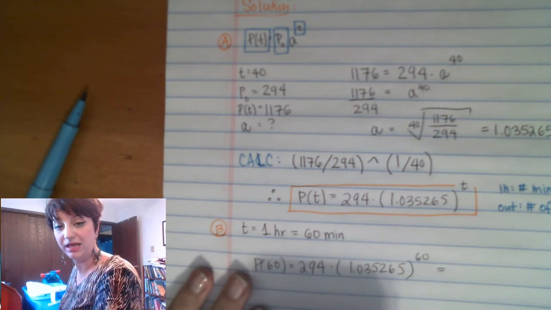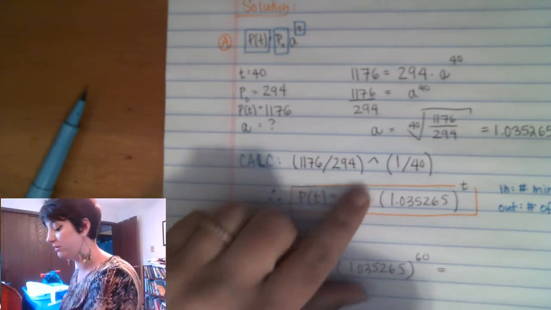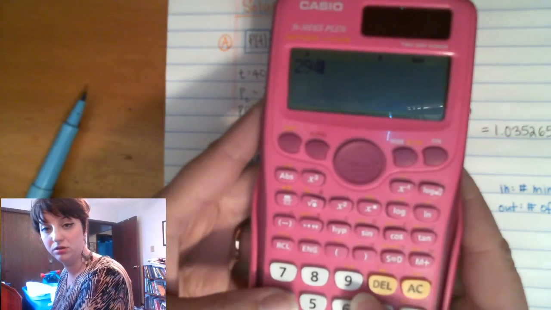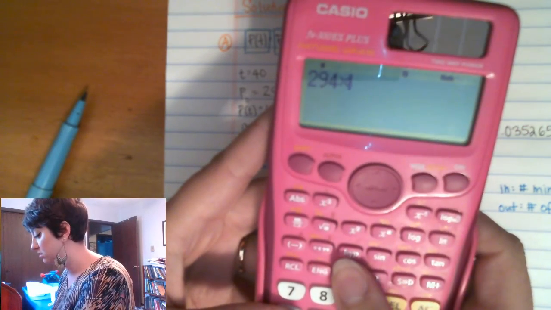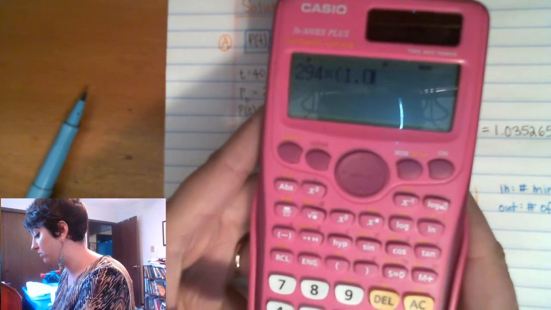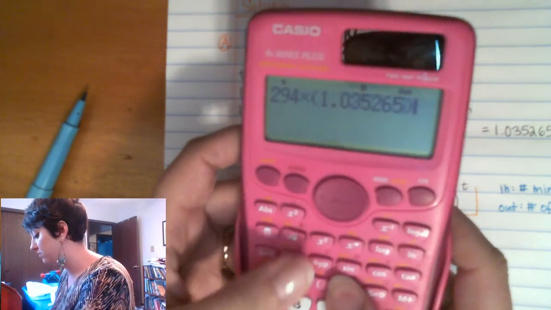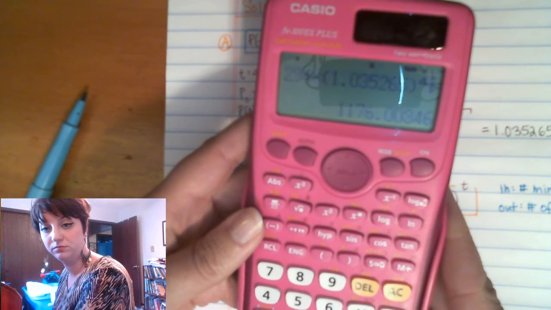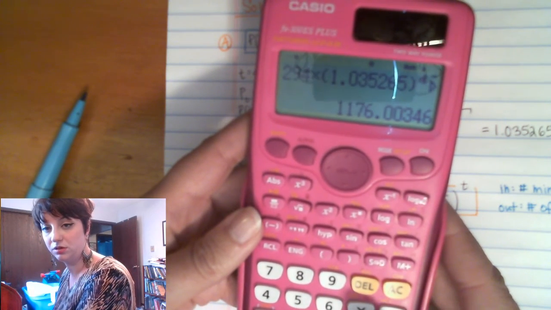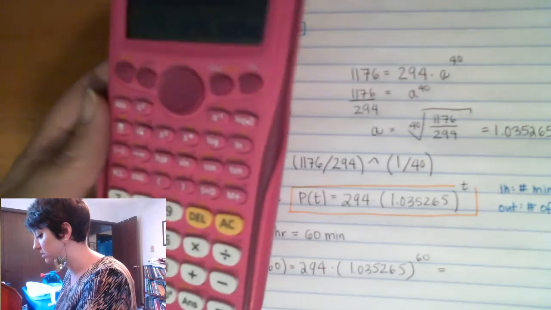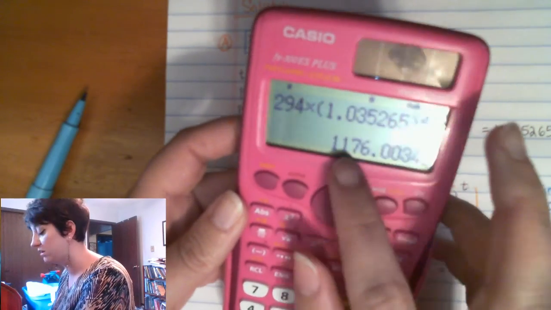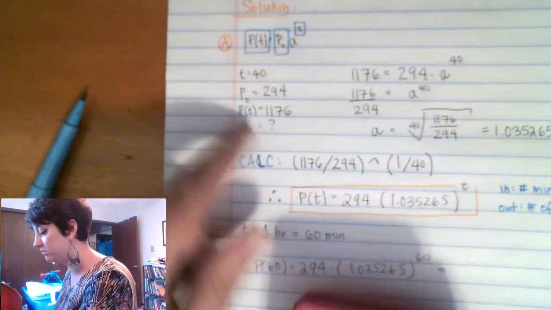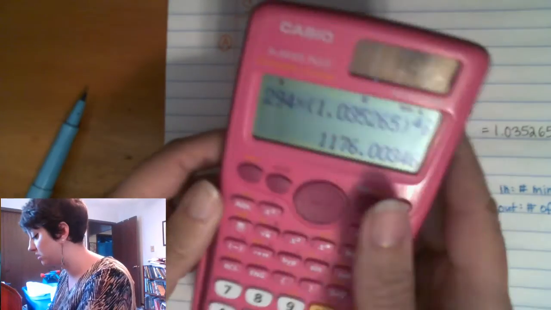Again, if you have the caret button on your calculator, then use the caret. So 294 times 1.035265 to the, I'm sorry, 60th power. Which, hey, look at that. 1176 after 40 minutes, which is exactly what we said when we constructed it.